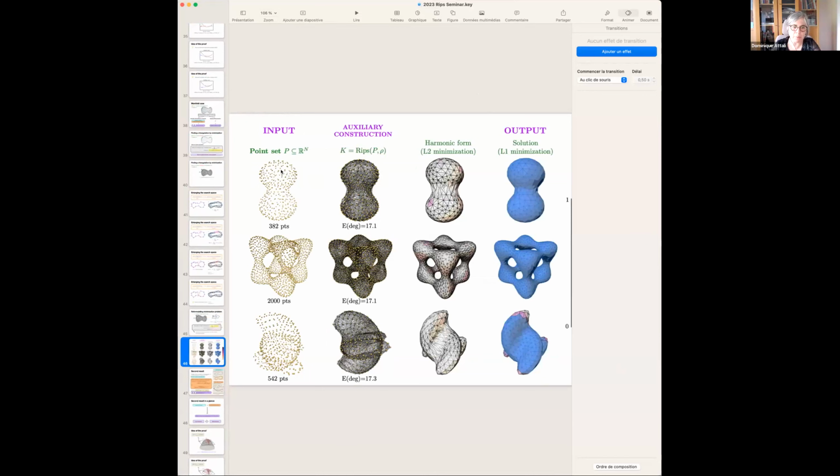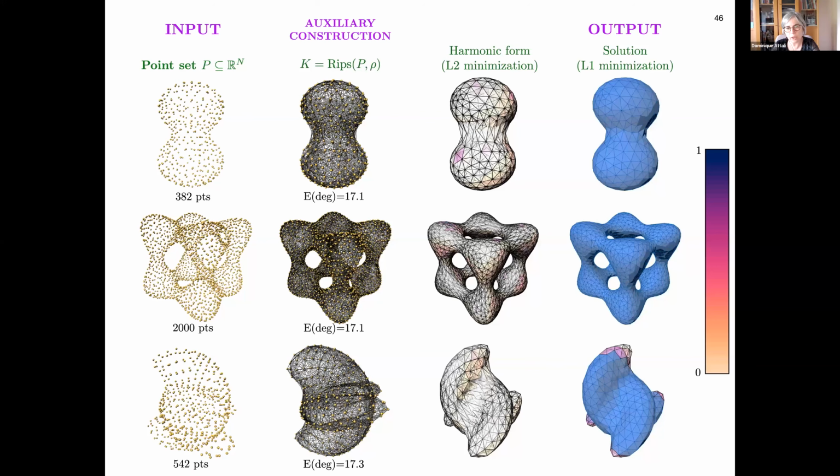So I played with the Rips complex. The problem is that when we are in small dimensions like this, the Rips complex becomes huge. So we would have to redo that and optimize the code, because for small dimensions it's much better to start with something smaller, like the Delaunay complex intersected by the Čech complex.